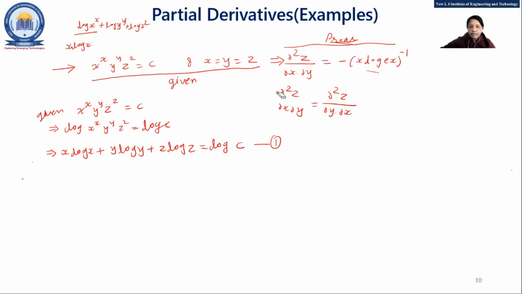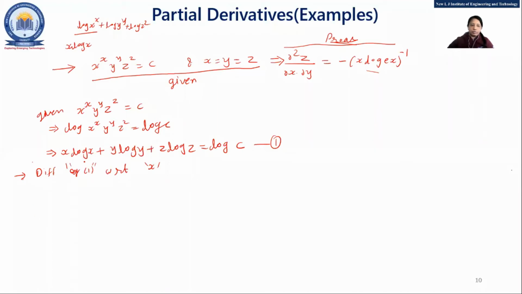Now we will start with what? Just a minute, I'll rub this. So we can start with: differentiate equation 1 partially with respect to x.